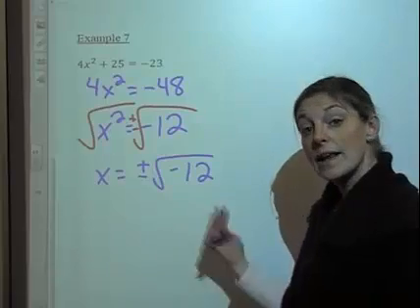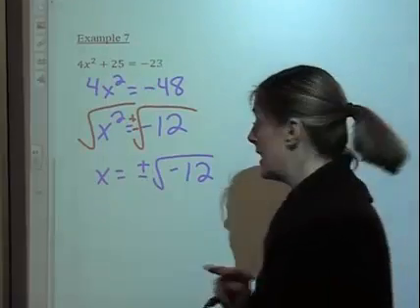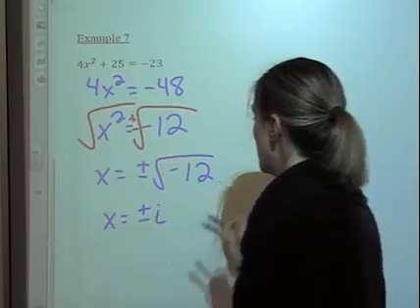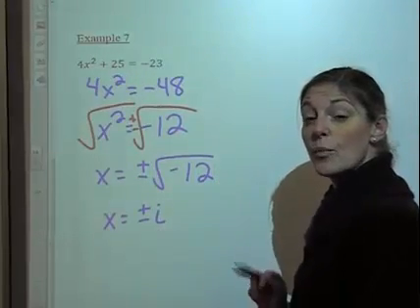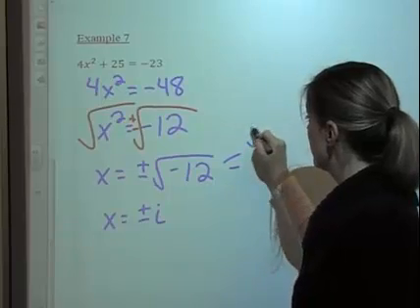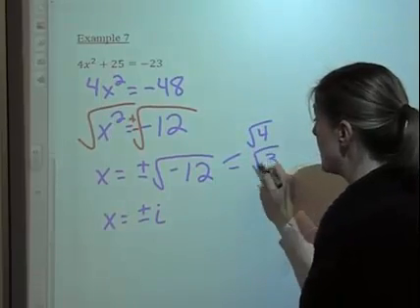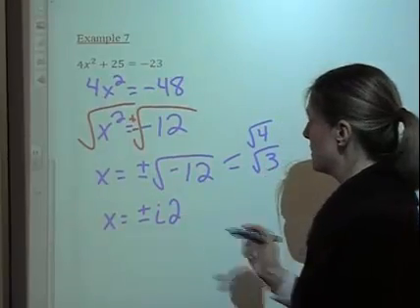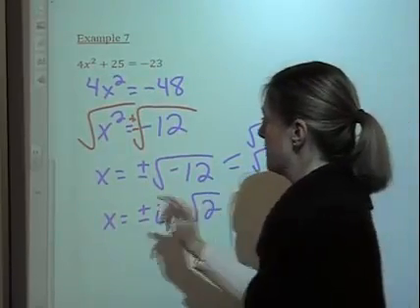Well, remember, we can't have the square root of a negative, so we have to pull out that i. But then also, remember that 12 breaks up into square root of 4 and square root of 3. So the square root of 4 is 2, and then the square root of 3 stays the same.